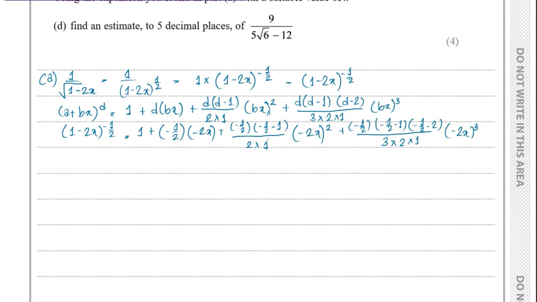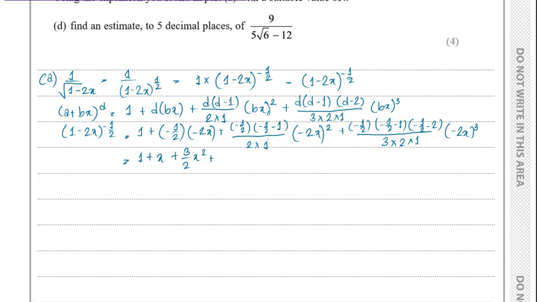Now we will expand this. This would be 1, and minus half multiplied by minus 2x would be just plus x. And minus half multiplied by minus half minus 1 divided by 2 multiplied by minus 2x whole square would be plus 3 by 2 x squared.